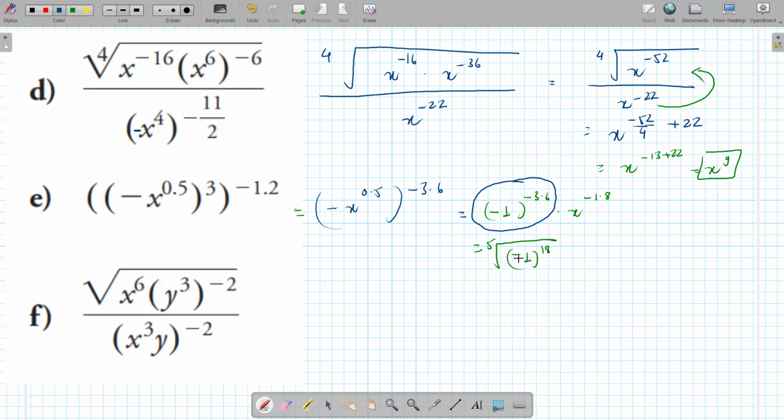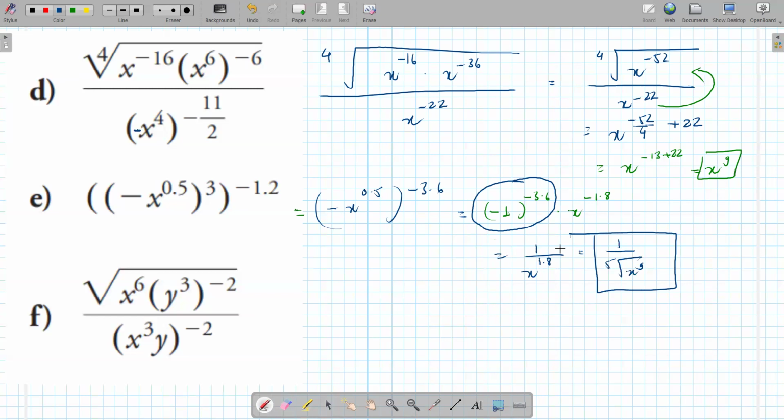Negative 1 to the power of an even exponent, it's just like negative 1 squared, that's a 1. And fifth root of 1 is a 1. So that entire thing is actually just a 1. So the final answer would be just like this. Or I guess you can also write it like this. 18 over 10, or 9 over 5. And you're done.